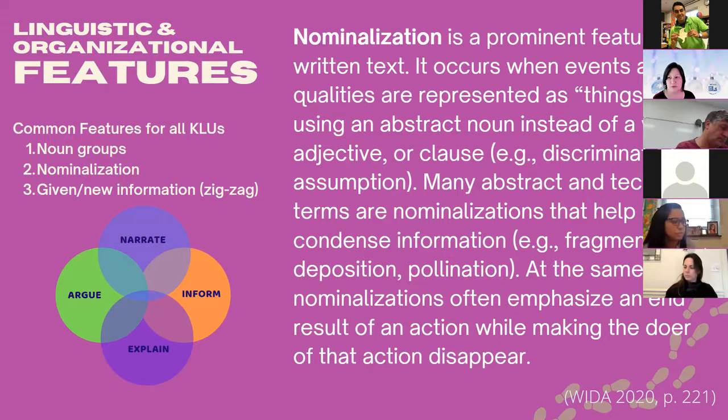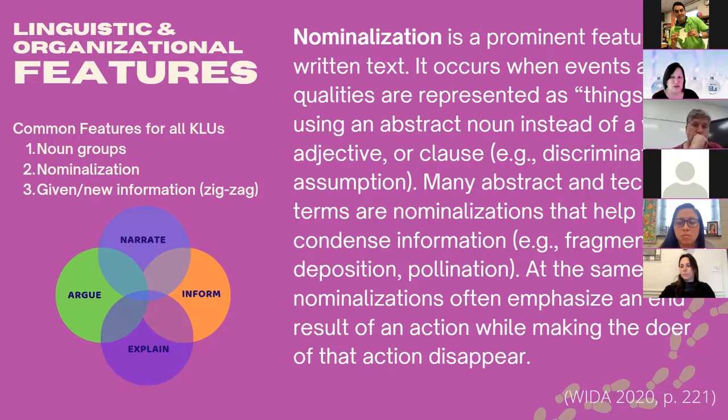Okay, so there are three common features for all key language uses that WIDA is pointing out: these linguistic and organizational features. Last time we were together, we talked about noun groups, which is all of the words before and after the noun that go with that noun, and teaching students how to treat that as a unit.